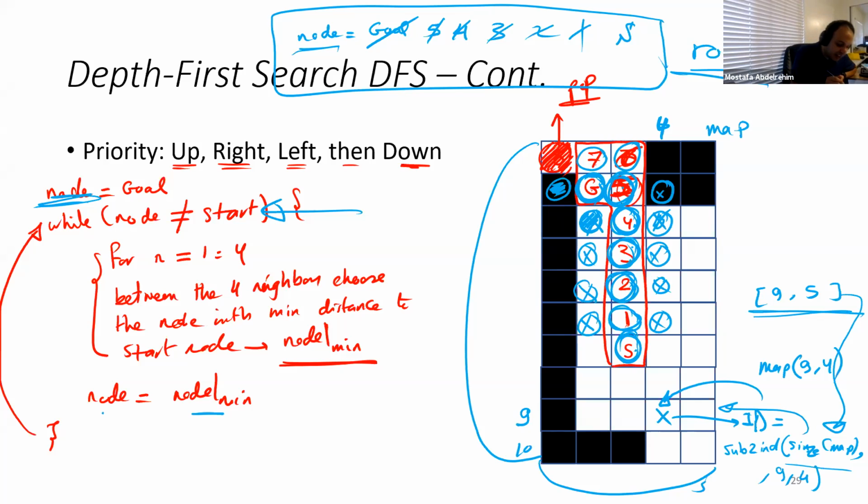This is exactly equal to, if you write it in that way, sub2ind of 10 and 5, I'm sorry, 10, 5. This is row 9 and column 4.